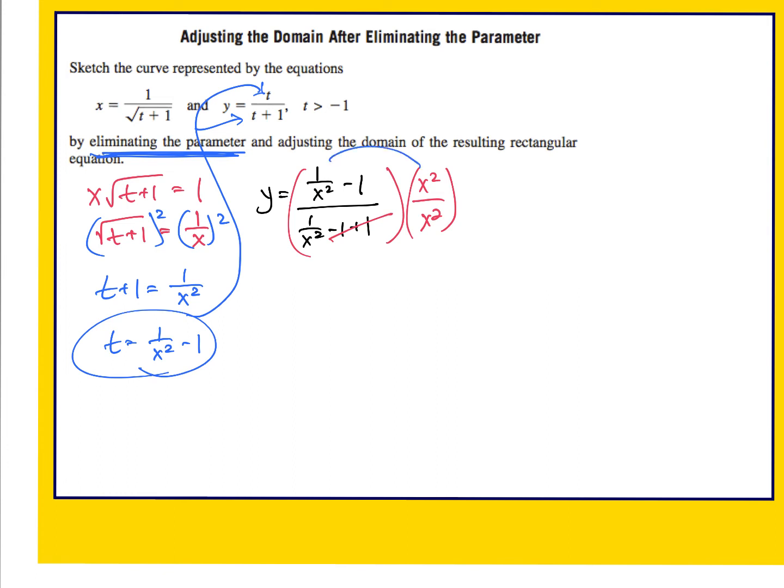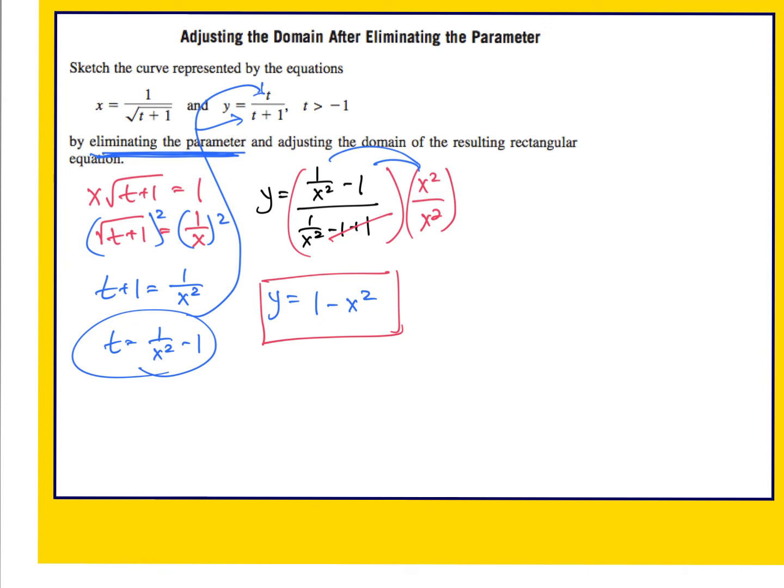So when I distribute my x squared up top, I end up with y is equal to 1 over x squared times x squared is just 1. And then minus x squared. All right, 1 times x squared is just x squared. So my rectangular equation, when I eliminated the parameter, is just y is equal to 1 minus x squared.